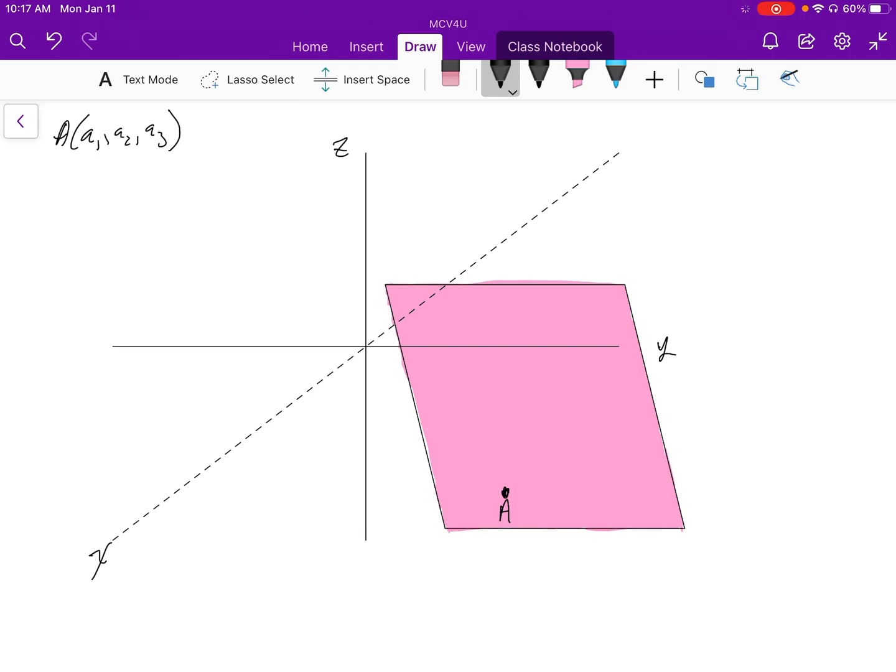Now, the other things that we have with the plane is that we're going to have two non-collinear vectors, a u, and we'll throw up another one, v. Non-collinear, non-zero vectors.